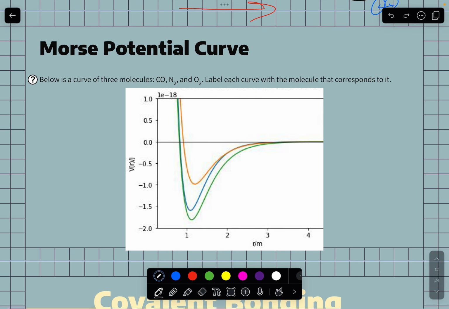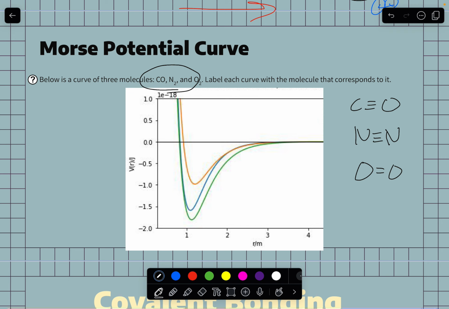This Morse potential curve is asking us to label the curves for these three compounds. We have CO, N2, and then O2. Right off the bat, we can separate one of them.